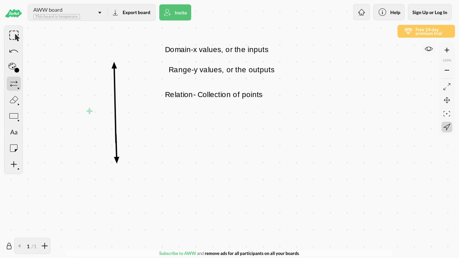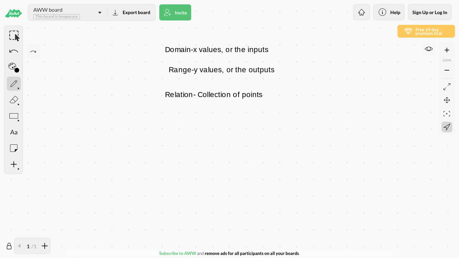You have your graph like that, and then you have a point here, a point here, a point here, point here, point here. That would be a relation. Okay, so let me now get rid of all that.